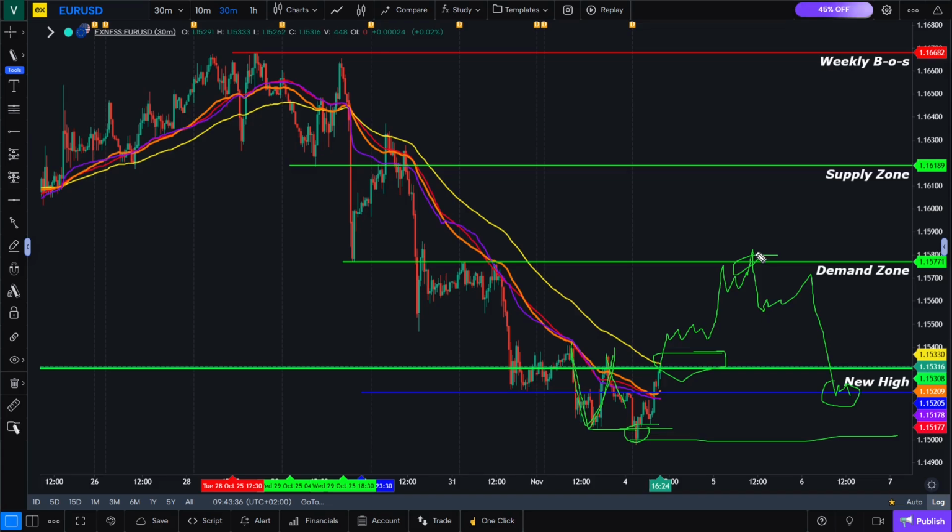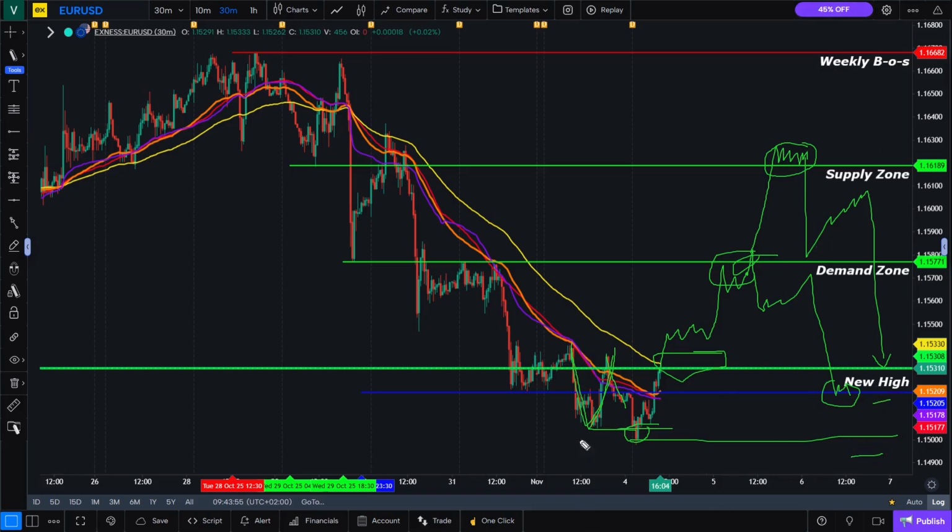Or rather, if we do not hold right here at 1.1577, we continue to the upside. This would be a great place to look for bearish patterns and formations, and then continuation to the downside to take out structure either here or to make the new low of this week.